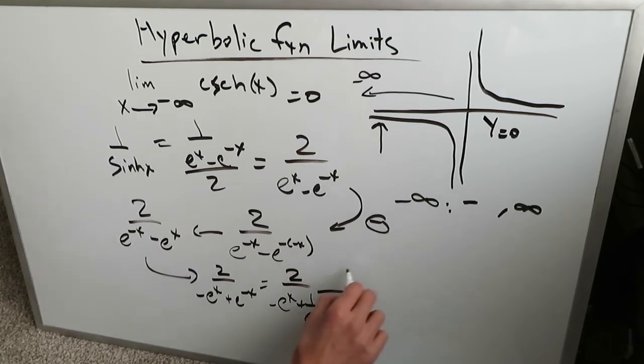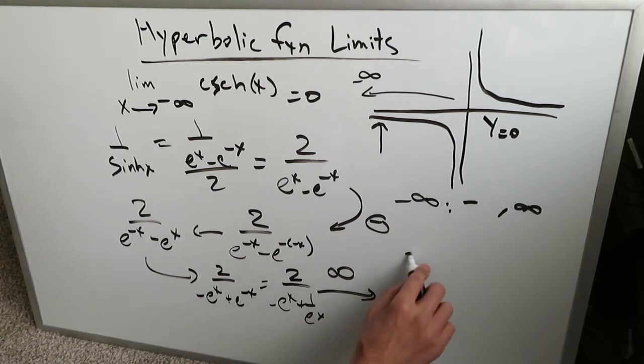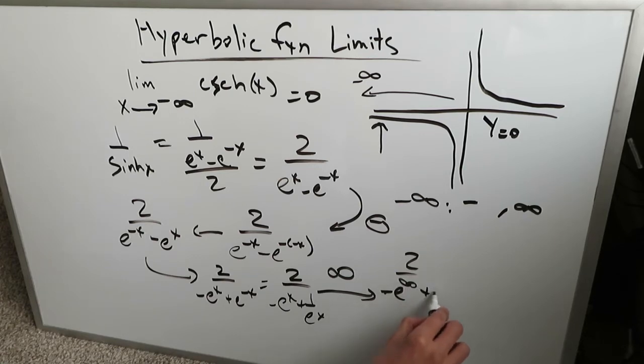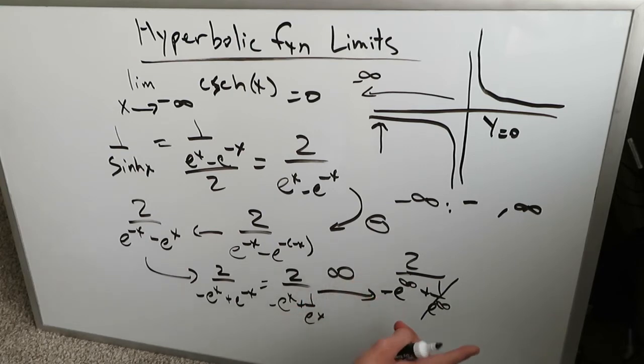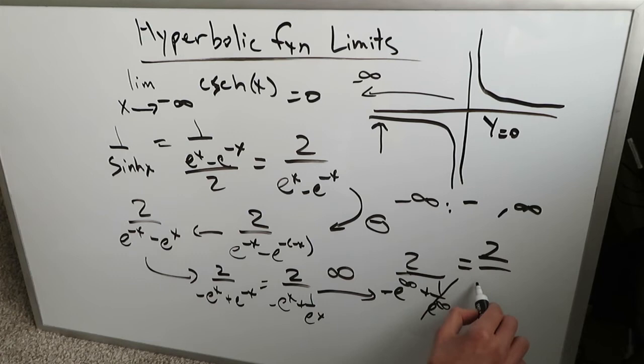Now when you put in the infinity component, you get 2 over minus e to the infinity plus 1 over e to the infinity, and this value over here is going to be so small it will zero out. Then you're dividing 2 by a very large negative infinity component, essentially 2 divided by minus infinity.